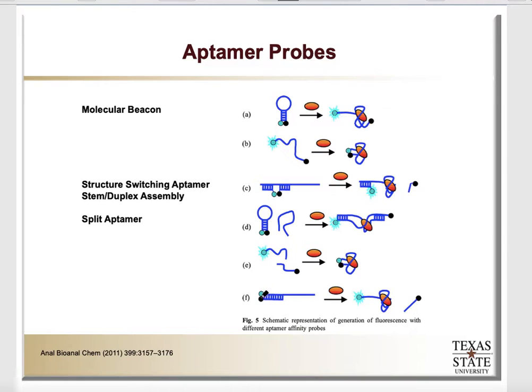And now the labels are going to be one on the aptamer and one on the partially complementary strand. But this has to be designed in the proper way such that it is unstable enough that when the target is present and the different folding occurs, it would displace this, again increasing the distance in between the two probes.